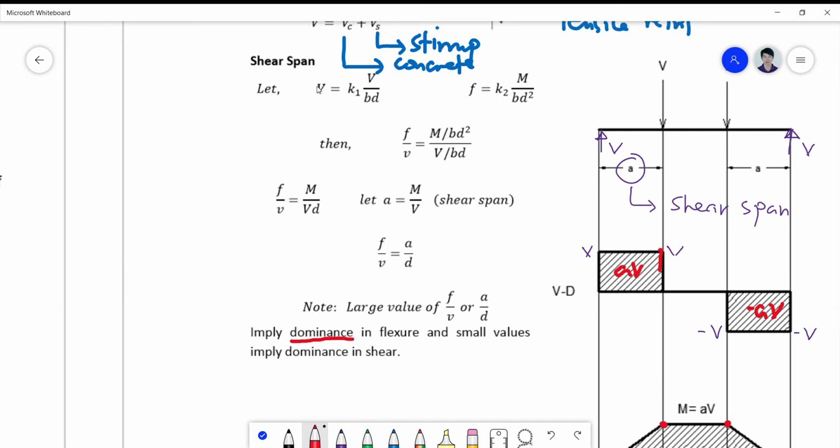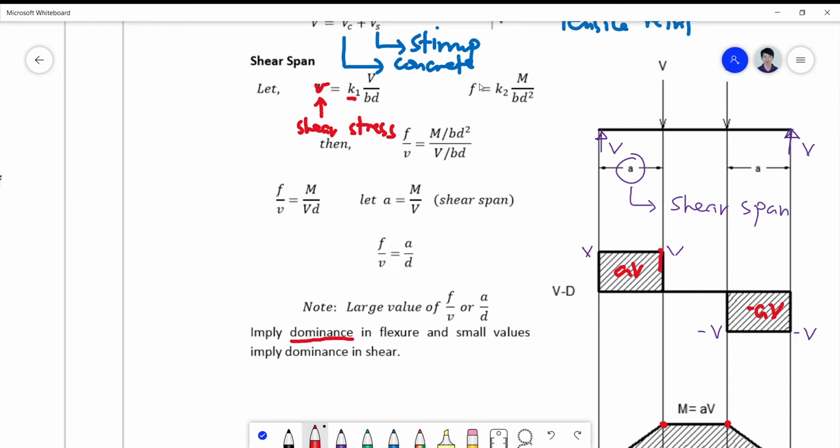This is the shear stress, small v, which is a function of the shear force divided by bd. It's simply a force over an area multiplied by a certain coefficient we don't know, K1.